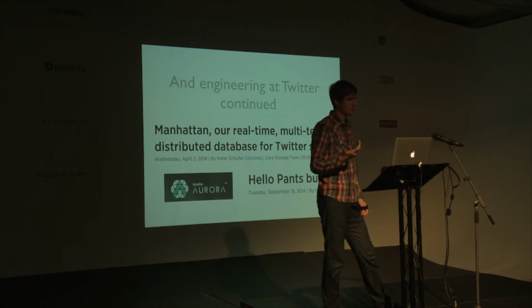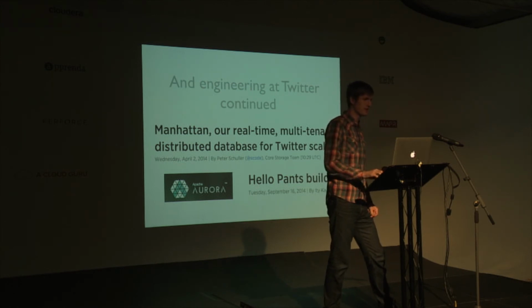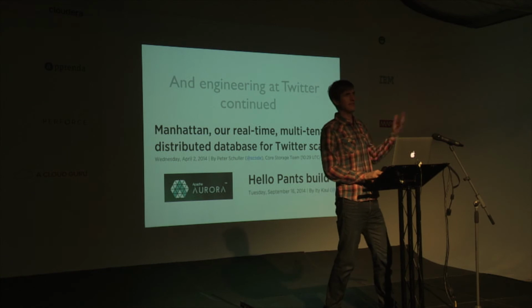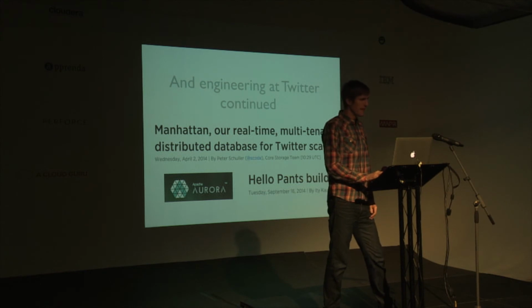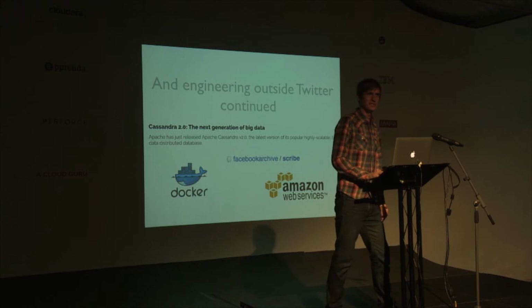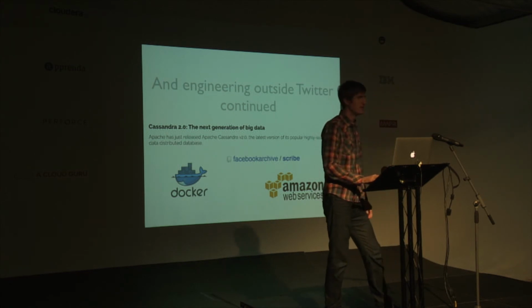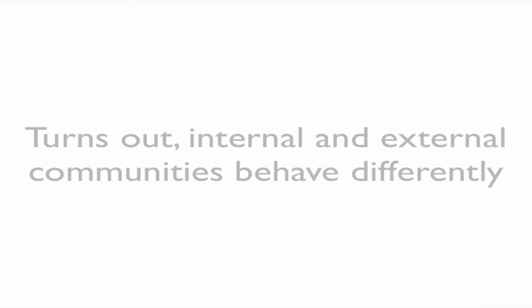And so, for example, like Manhattan, here's a blog about our new storage service, or here's how we're doing container scheduling, and here's our new build system and things like that. And the thing is that engineering outside of Twitter continued in different ways. So for example, Cassandra continued to evolve even though Twitter switched to Manhattan.